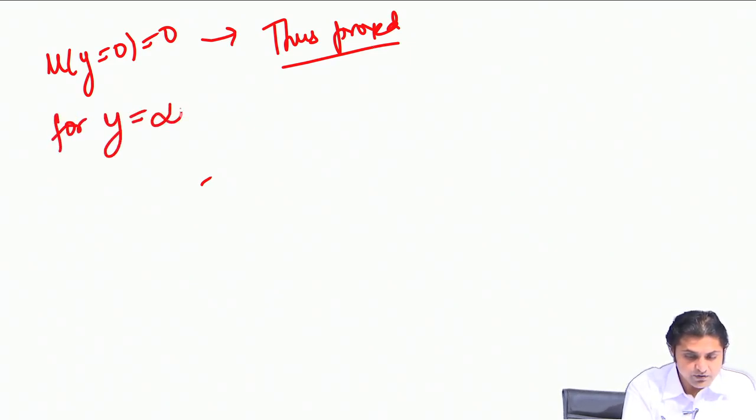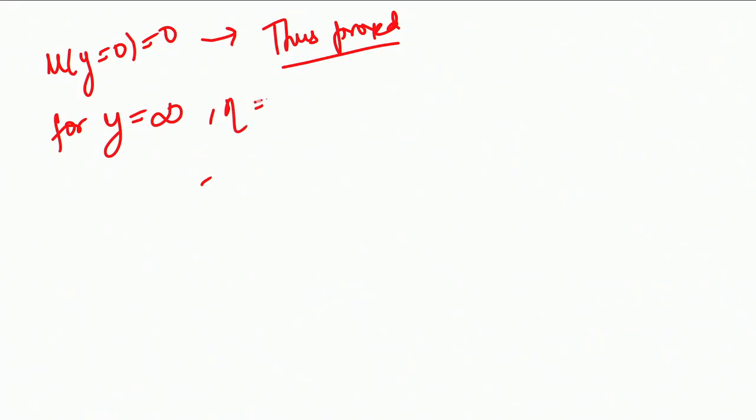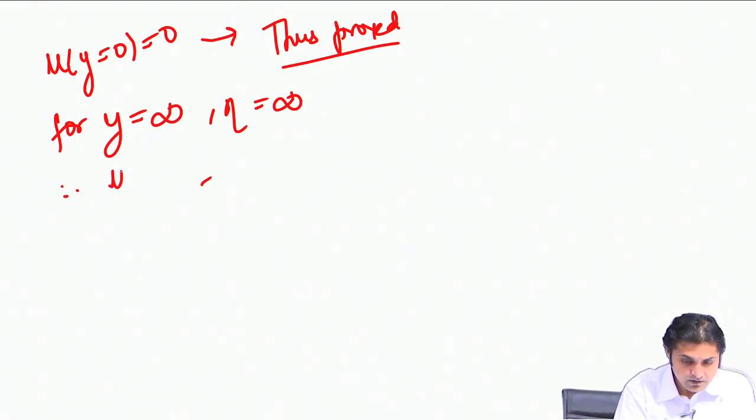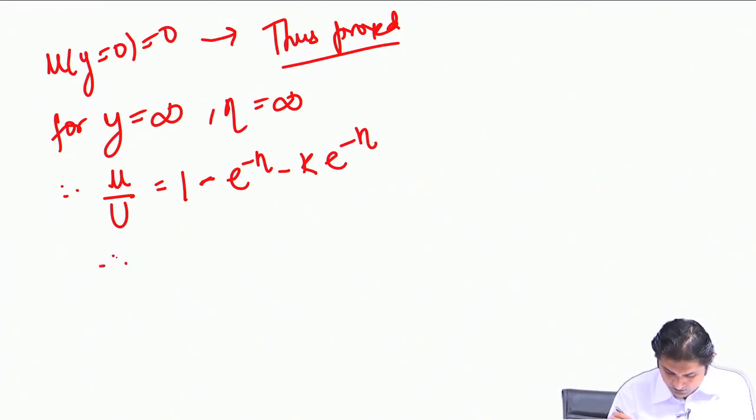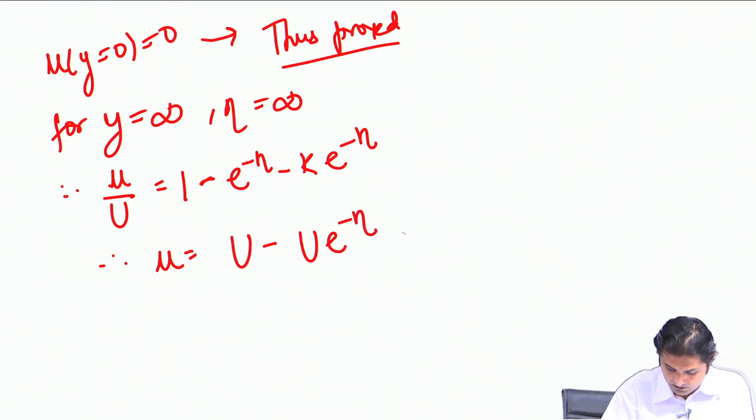For y equal to infinity, eta is equal to infinity. Therefore, u by capital U is equal to 1 minus k e to the power minus eta, therefore u is equal to capital U minus capital U k e to the power minus eta.